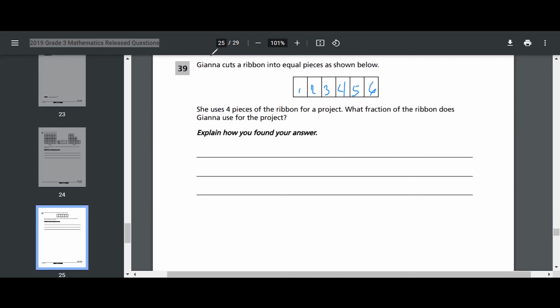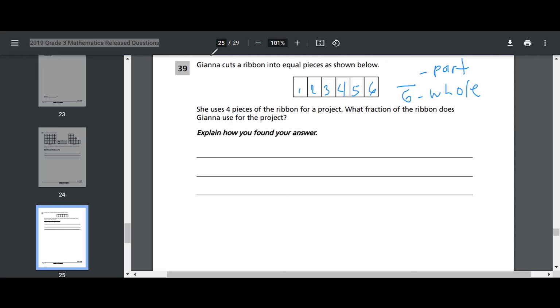So we know that this entire ribbon is equal to 6 pieces. So 6 pieces is our denominator, which shows the whole. Now we need to find our numerator, which shows the part.